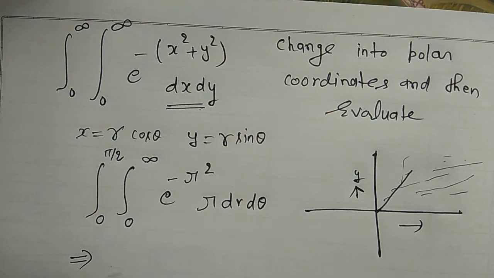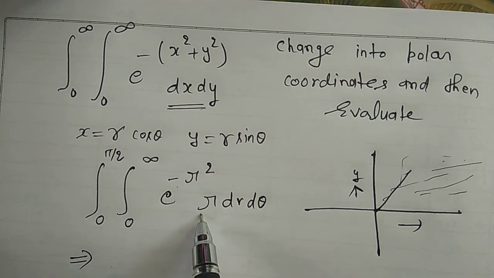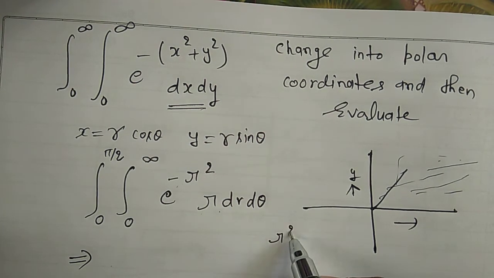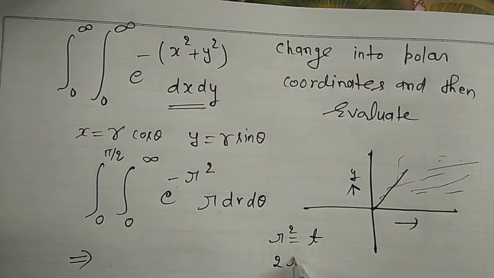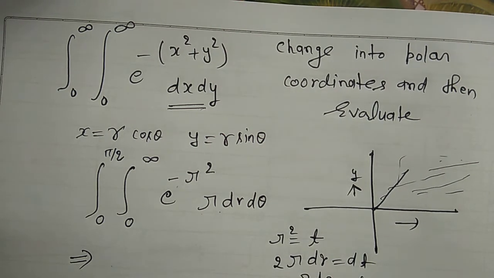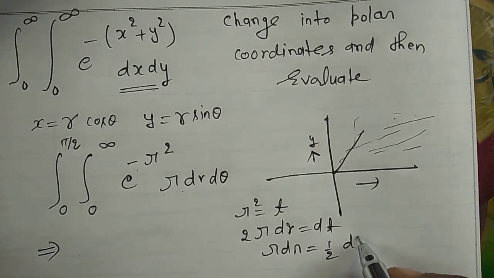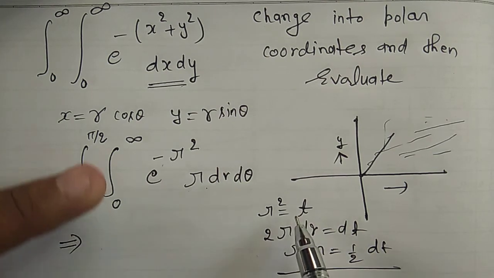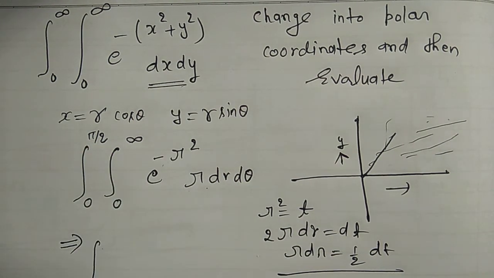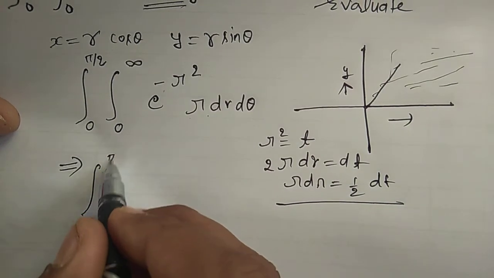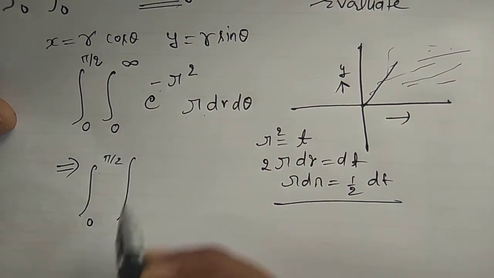So in this integration, we have e power minus r square r dr d theta. What we do here is take r square equal to t, so 2r dr equal to dt, so r dr equal to 1 by 2 dt. And the t limit will be, if r equal to 0, t equal to 0, and r equal to infinity, t equal to infinity. So theta is 0 to pi by 2, and the t limit is 0 to infinity.